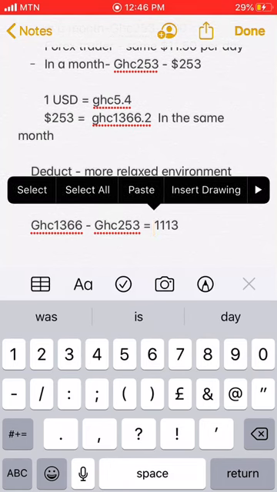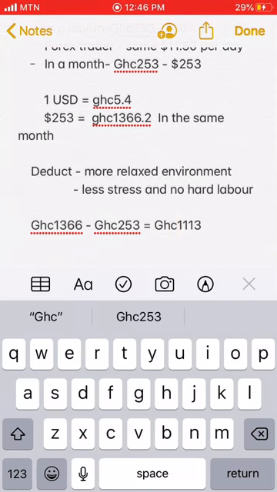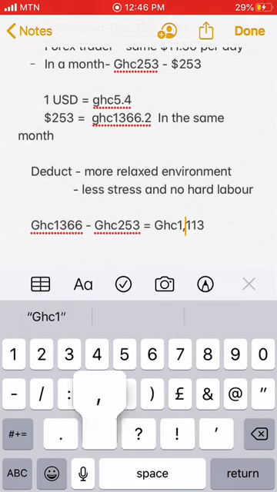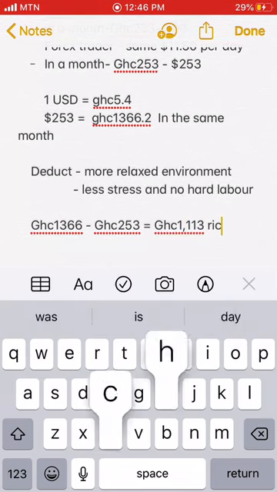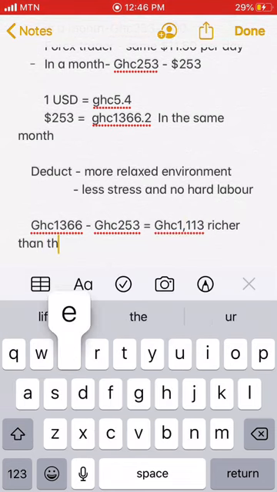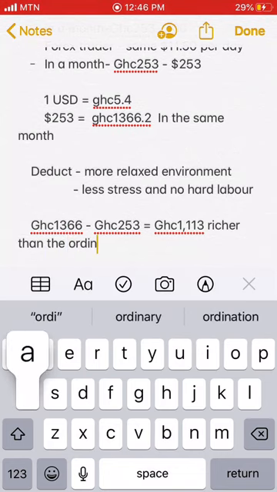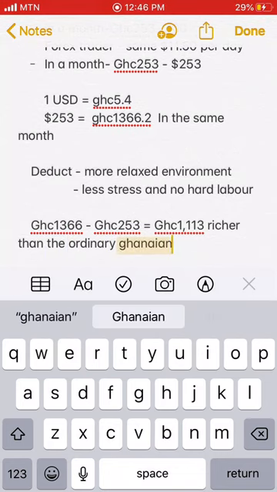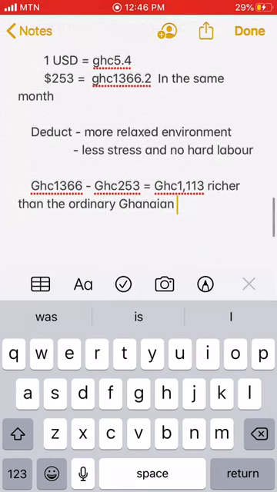So that means you'll be 1,113 Ghana cedis richer than the ordinary Ghanaian.